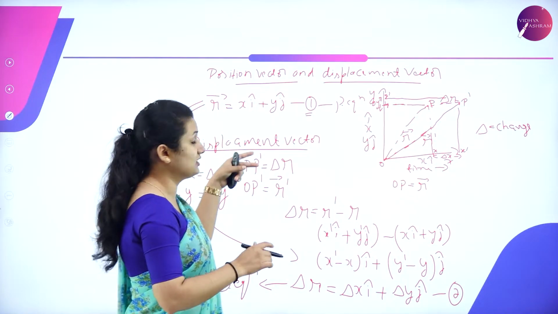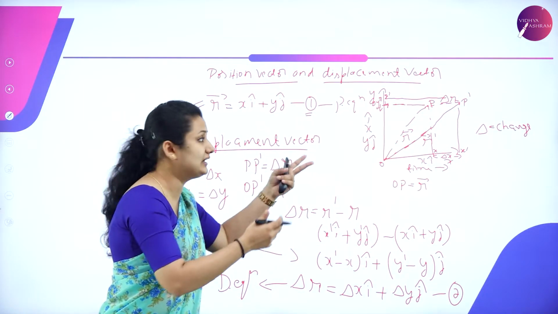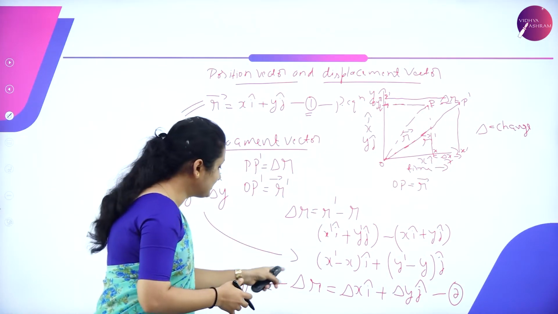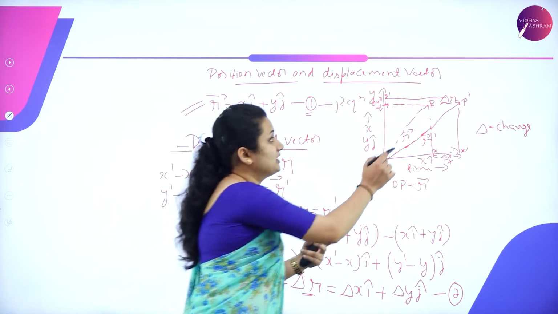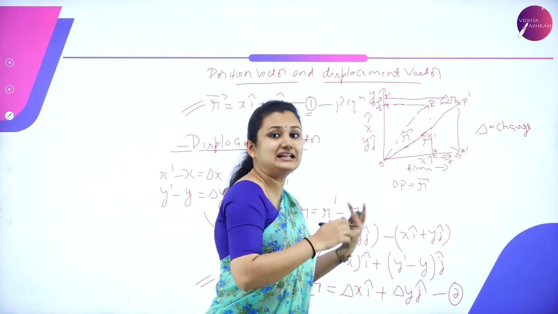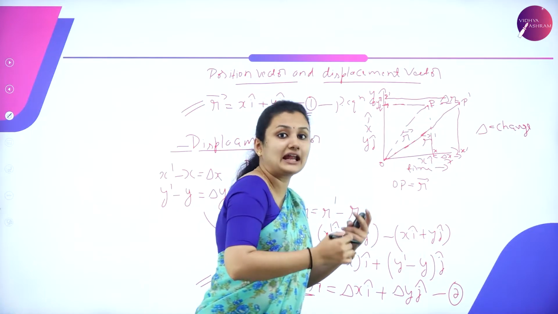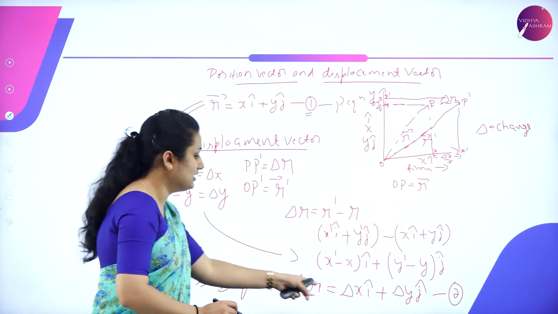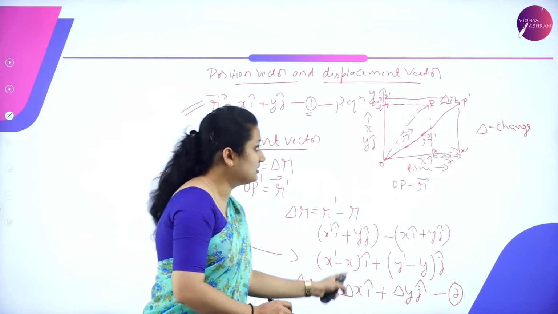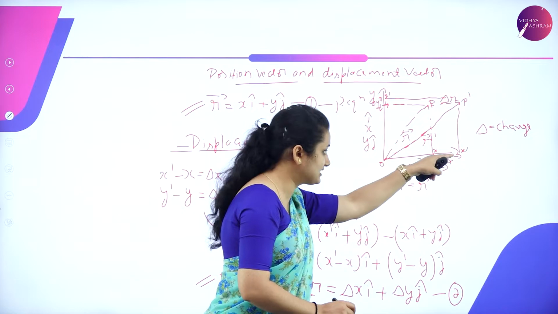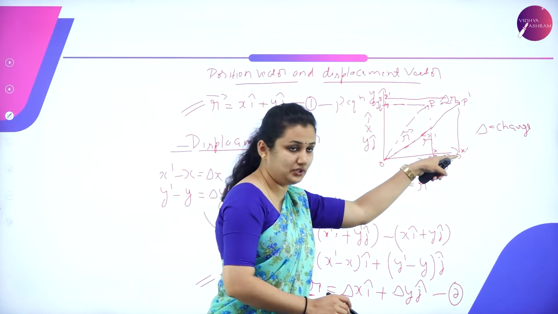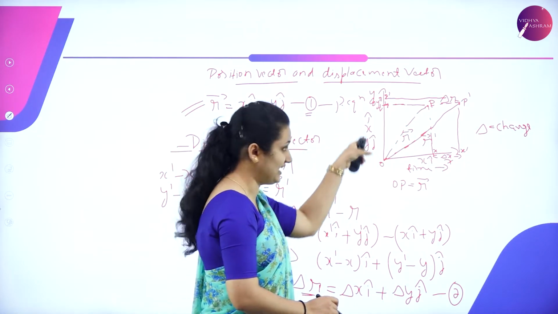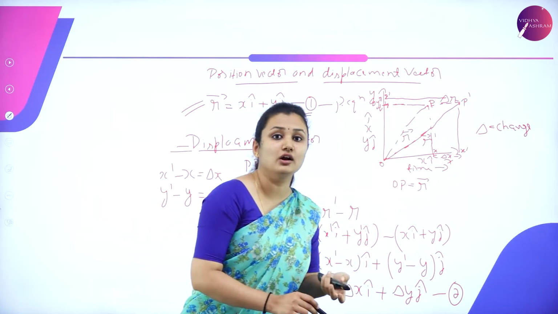How the position vector is resolved, split into its respective components along the x and y axis. And how the displacement vector from P to P dash is given by delta R. So delta R, the displacement or change in position, is equal to the change in the particle's position along the x-axis into i cap, the unit vector along the x-axis, plus the change in the particle's position along the y-axis into its unit vector along the y-axis.